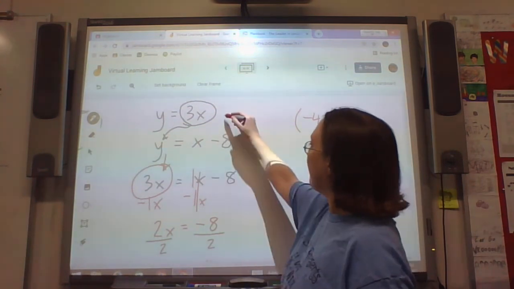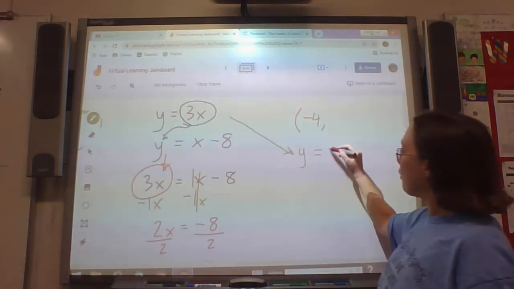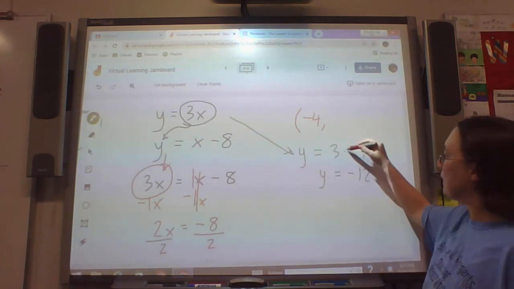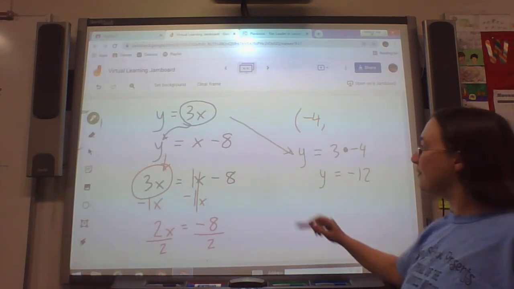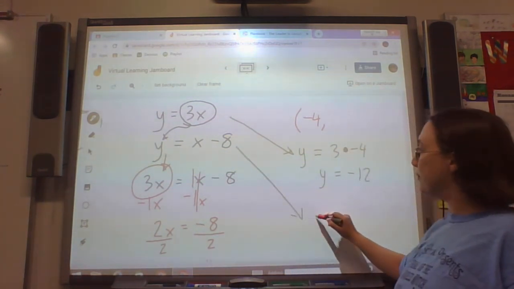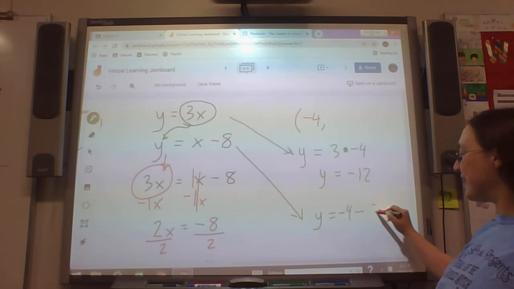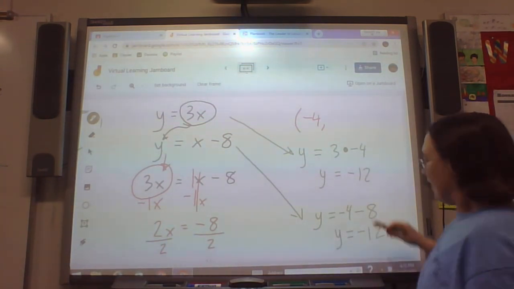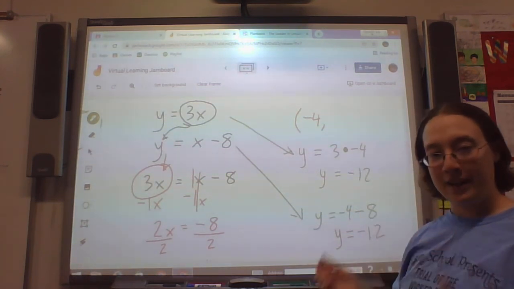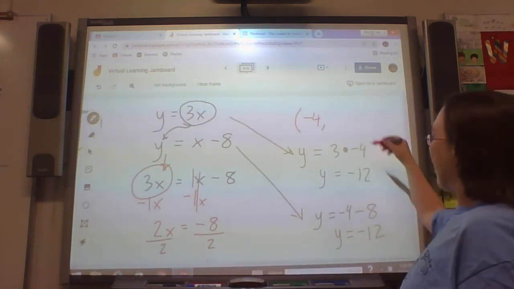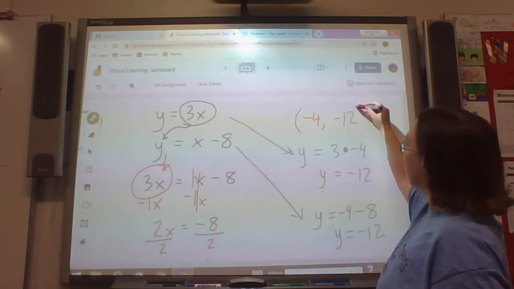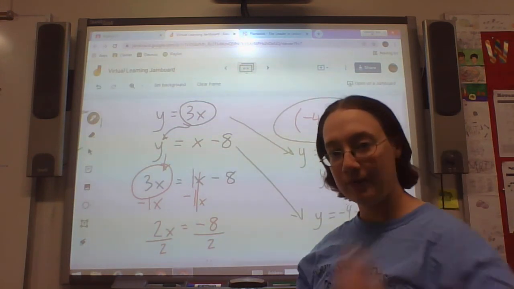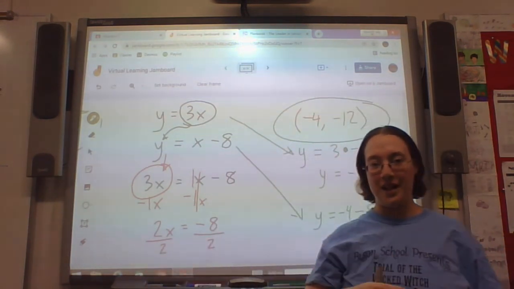So we're either taking 3 times negative 4, which will give you negative 12, or you're taking negative 4 minus 8, which will also give you negative 12. So again, if we get the same thing there, pretty good indication that yes, we did that right, so our y is going to be a negative 12. And there's our point.